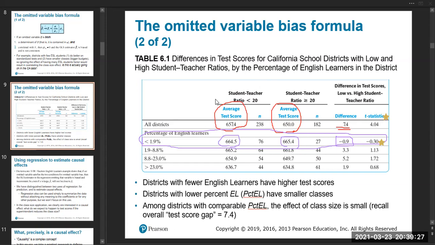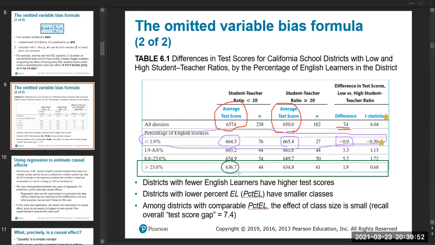We shouldn't call them bad, but this one is the school districts with more English learners, larger than 23% of English learners. And let's take a look at the difference.